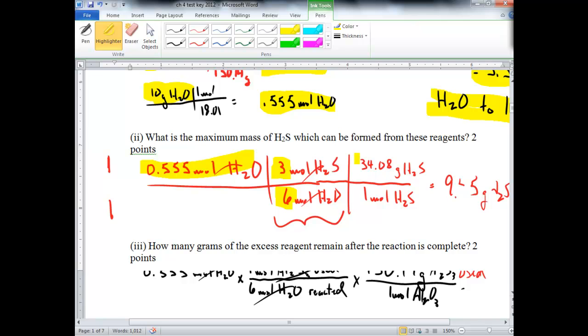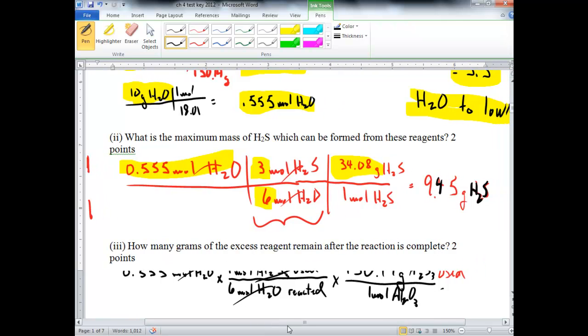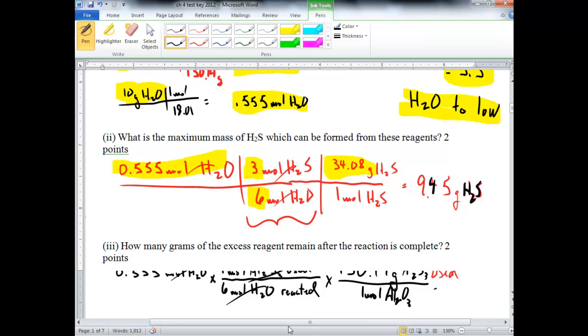And the molar mass of the hydrogen sulfide is 34.08. So that brings us to, it appears this is 9.45 grams of H2S, hydrogen sulfide. So that is the amount of hydrogen sulfide that can be produced.